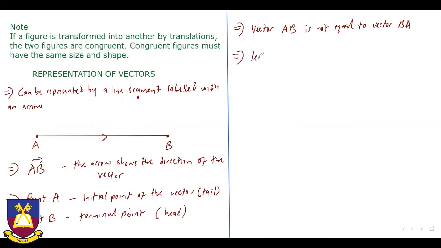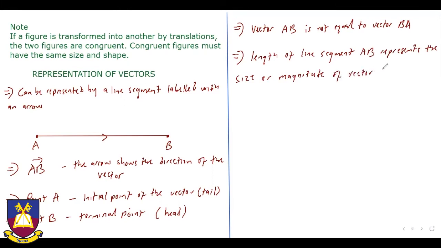So the length of line segment AB represents the size or magnitude of vector AB. We said we could underline, we put an arrow to show that this vector is coming from A to B.